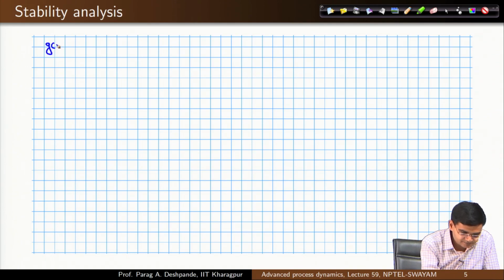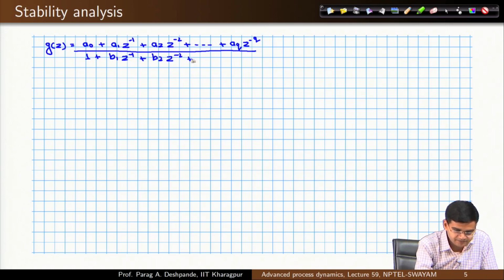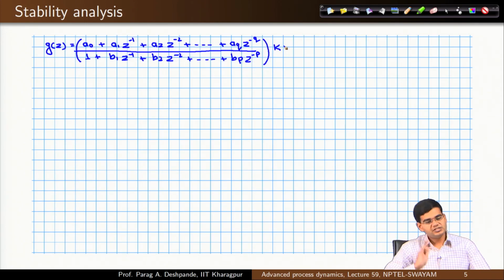So, g of z would be a 0 plus a 1 z inverse plus a 2 z inverse squared up to plus a q z inverse to the power q, divided by 1 plus b 1 z inverse plus b 2 z inverse squared up to b p z inverse to the power p, multiplied by k, the static gain.